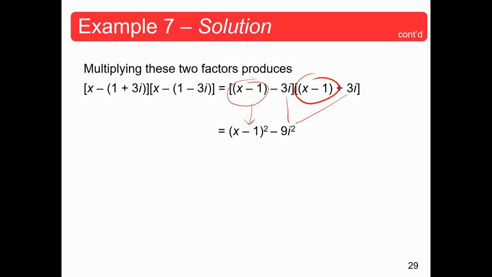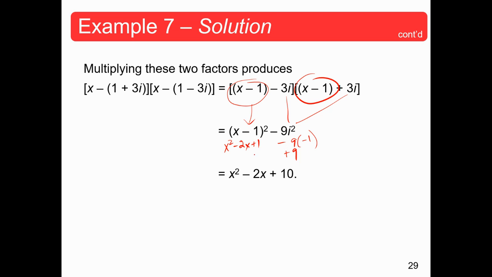I need to actually multiply the first part out. Doing this part right here, I'd have x squared minus 2x plus 1. This one is still minus 9i squared, but remember an i squared is a negative 1, so that becomes a plus 9.